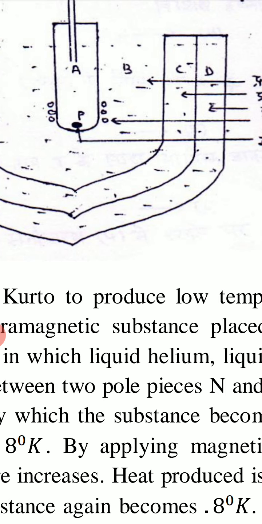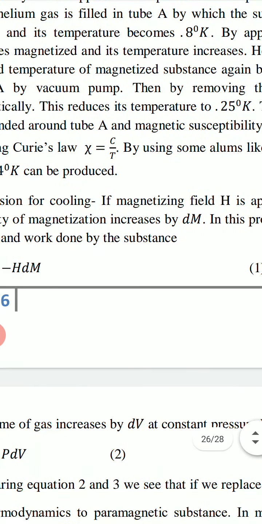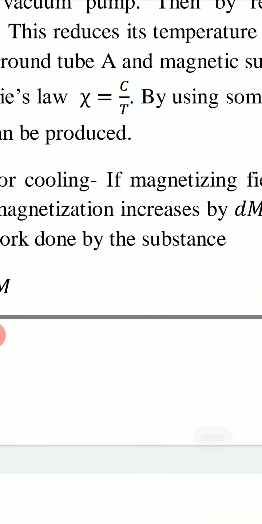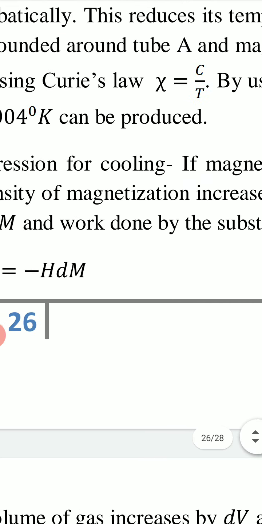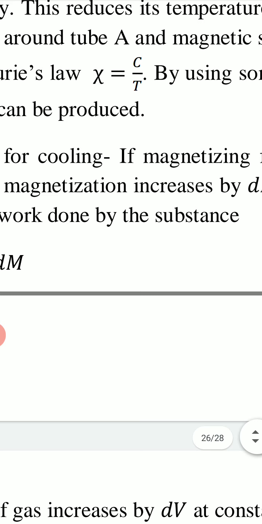These represent the coil wound around tube A, and by this coil we find the magnetic susceptibility chi, and from Curie's law this chi is equal to C upon T, where T is absolute temperature and C is constant, which is known as Curie's constant. So by using this Curie's law, chi equal to C upon T gives the temperature T.